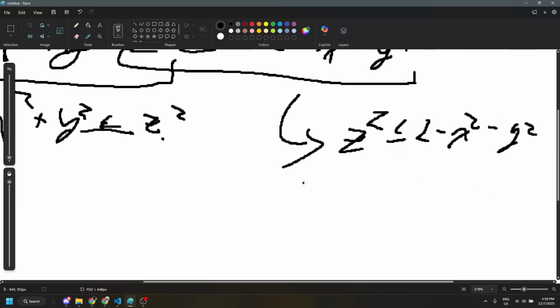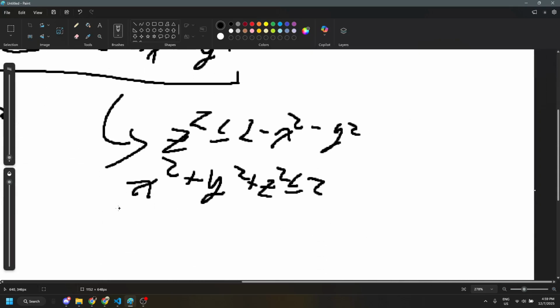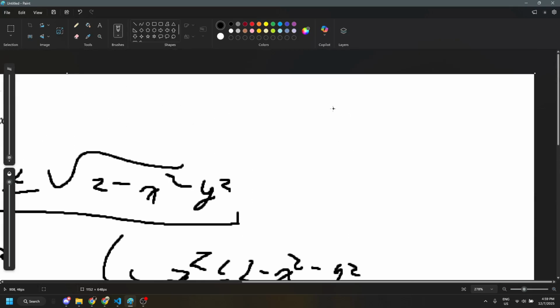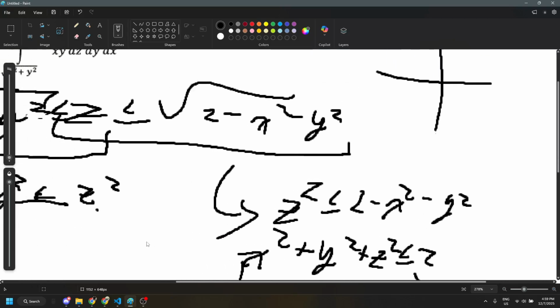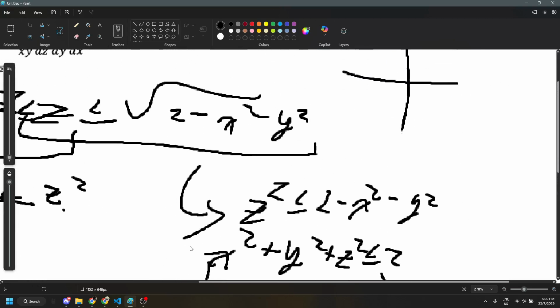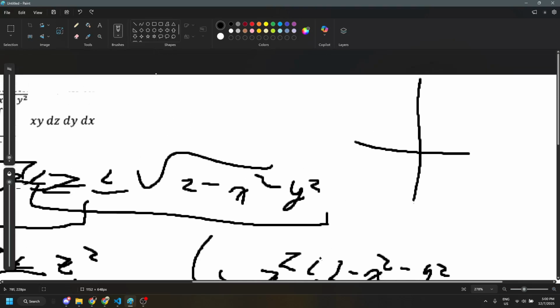So this gives us x squared plus y squared plus z squared is less than or equal to 2. Since this is a sphere, z is below that sphere, and it's the upper half of the sphere, because otherwise that would be the bottom half.